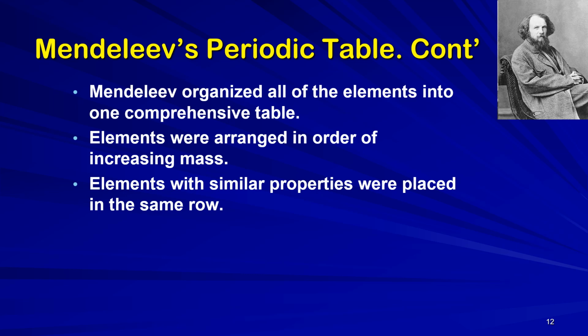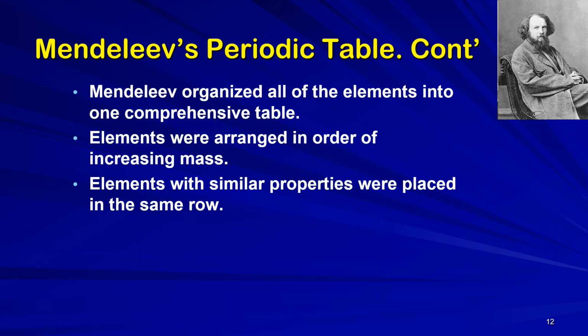So it means that elements which have similar properties come at regular intervals in the periodic table. For example, if you classify elements according to increasing atomic mass, you find that sodium will be in the same group as lithium and potassium, elements which have similar chemical and physical properties.